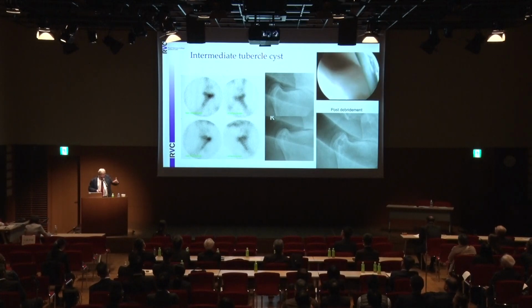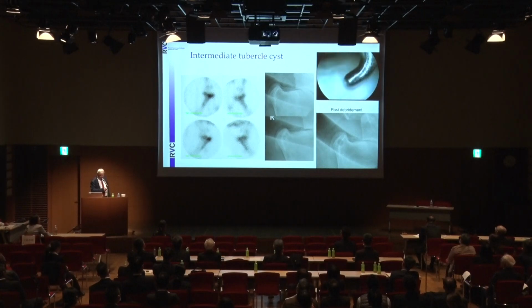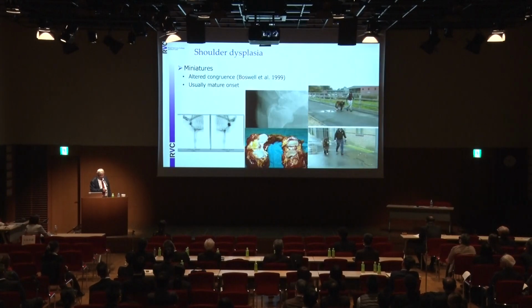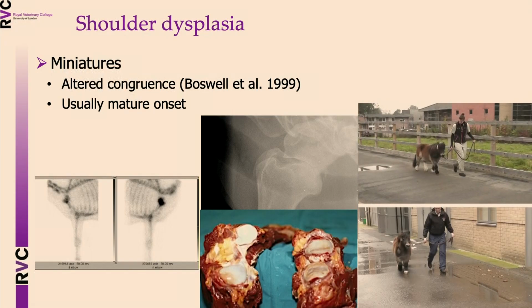Debridement, cleaning out. So gamma scintigraphy was particularly useful in this case in being able to identify the site of the lameness. Now, this isn't exactly a racehorse, but they do race them in the UK for special equine shows.